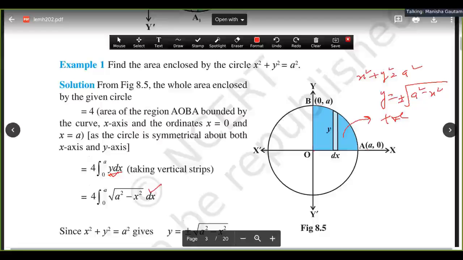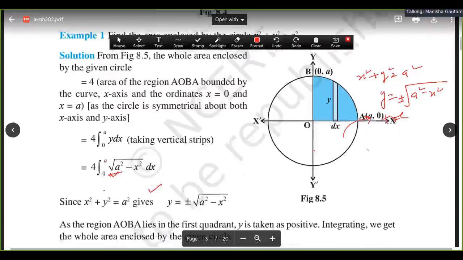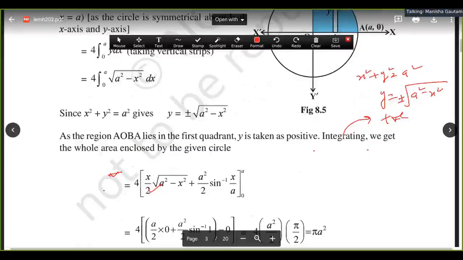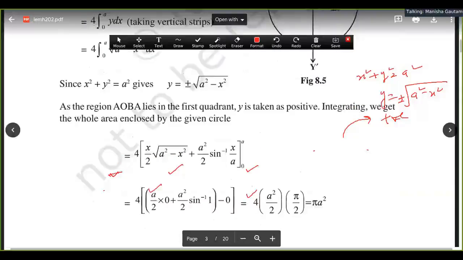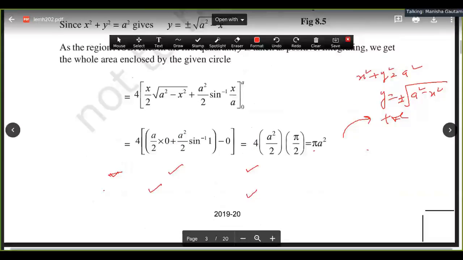Now here you have to apply the formula from the integration. That is x upon 2 under the root a square minus x square plus a square by 2 sine inverse x upon a. Integration is from 0 to a. Now apply the upper limit minus lower limit. Lower is 0, that makes the statement 0, and put a in the upper limit.